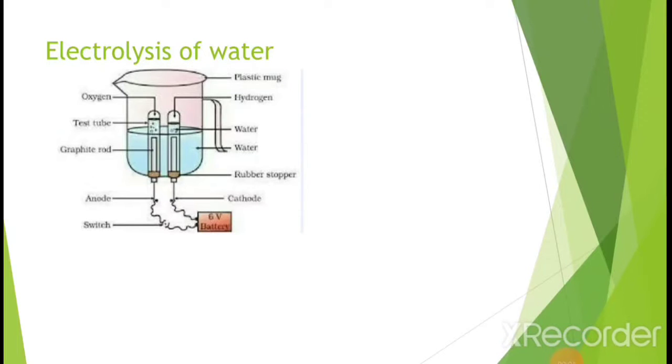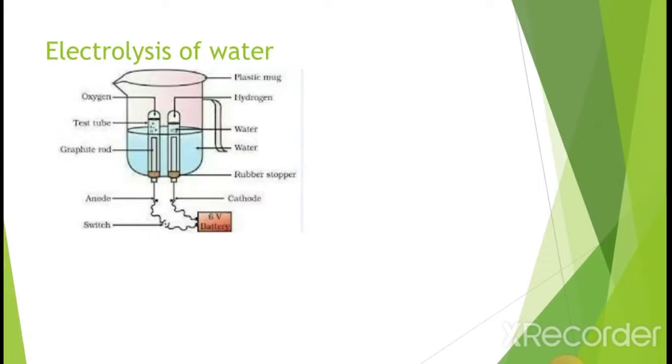Insert carbon electrodes in these rubber stoppers and connect these electrodes to a 6-volt battery.